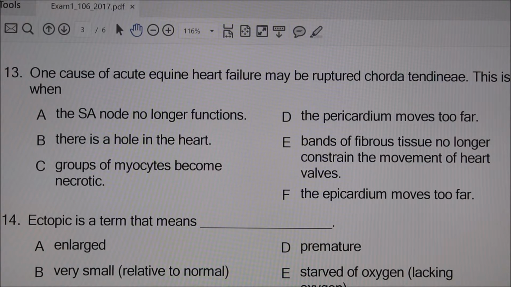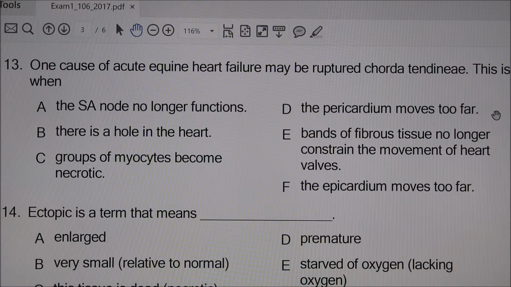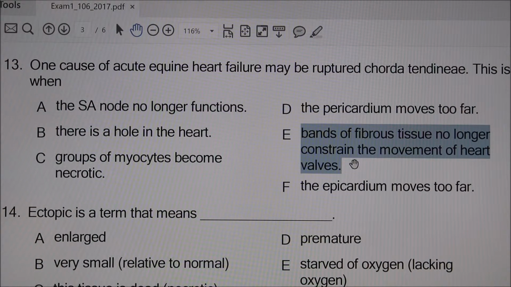It could be any of the animals. Ruptured chordae tendineae. This is when some bands of fibrous tissue that are supposed to hold the valve from everting, they break, and so then the valve kind of goes backwards too far. So E is the right answer on that one.